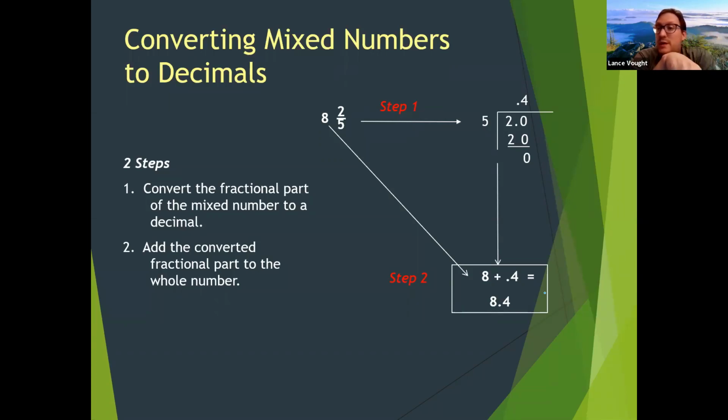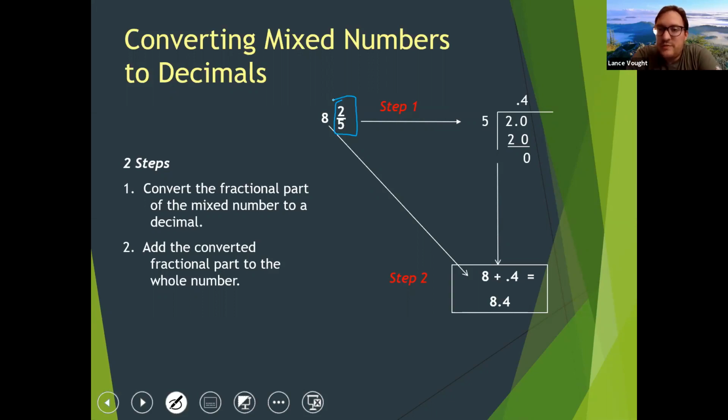The reason we're not doing that now is because it would be redundant, because the first part of the problem would be to divide by 5 and you get the same whole number. So we already know that the whole number is going to be 8, because that's going to be on the left-hand side. Any whole number in a mixed number is going to be on the left-hand side of the decimal point. So the only thing we care about is this 2/5 right here.